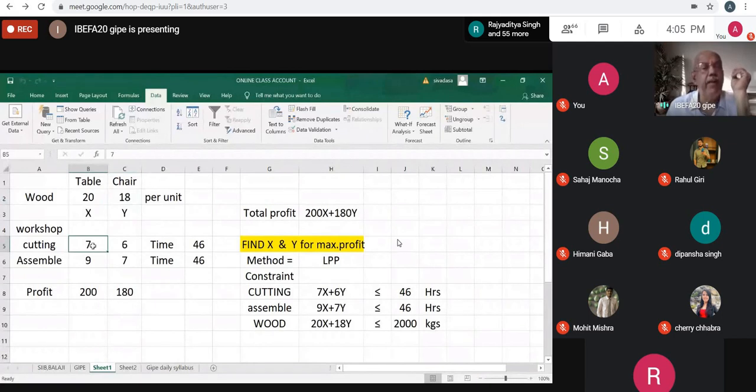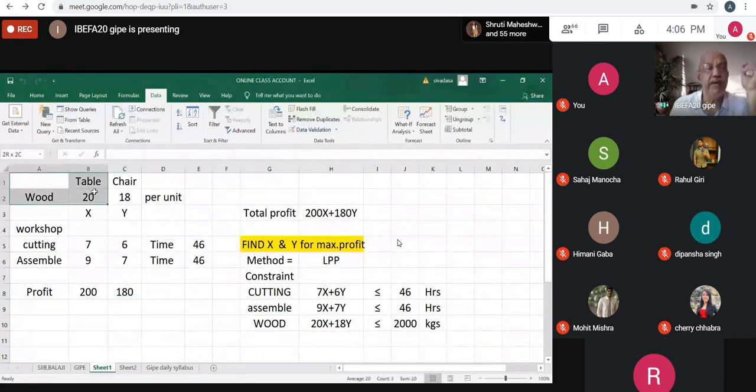Cutting time for a table is 7 hours. Cutting time of wood for a chair is 6 hours. Available 46 hours in a week. Assembling the table and chair takes 9 and 7, available 46. Profit for one table will be 200. Profit for one chair will be 180.